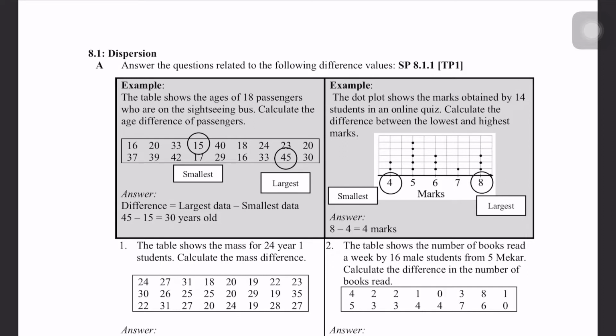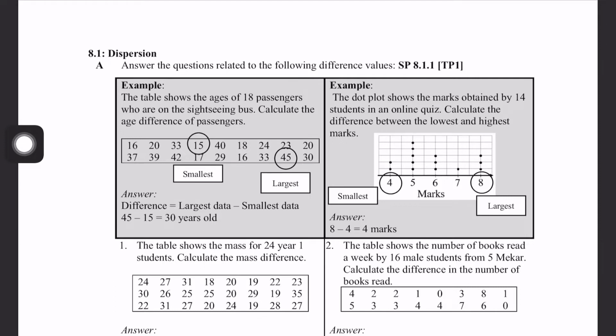Okay, so let's look at the first one. 8.1 dispersion, learning standard 8.1.1. Answer the question related to the following difference values. Let's look at the example first. The table below shows the ages of 18 passengers who are on the sightseeing bus. Calculate the age difference of passengers.